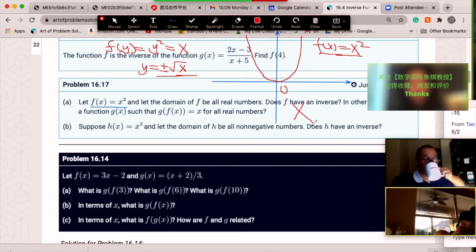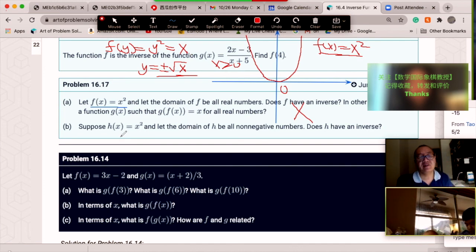If you try to get that, you need to limit the x value to the positive. X should be greater or equal to 0. Otherwise, you have two values for y. Okay, that's not true.